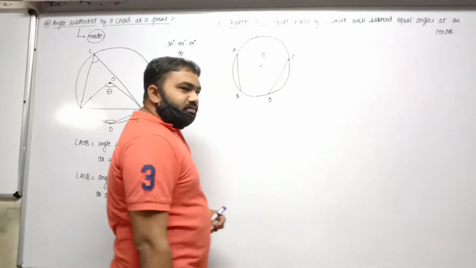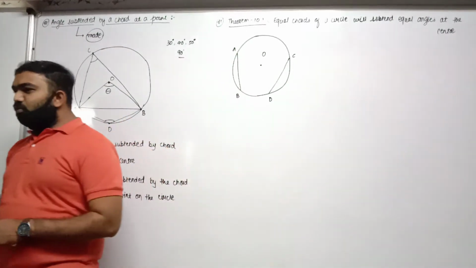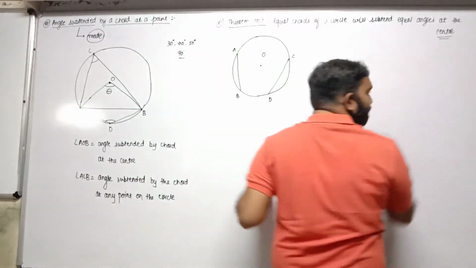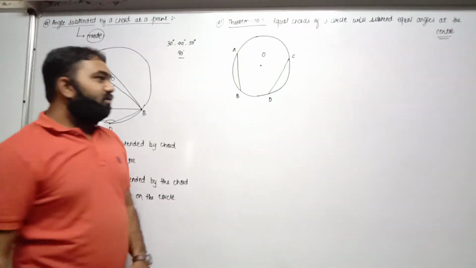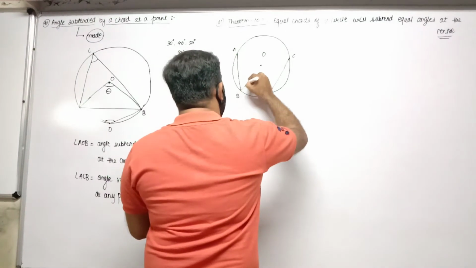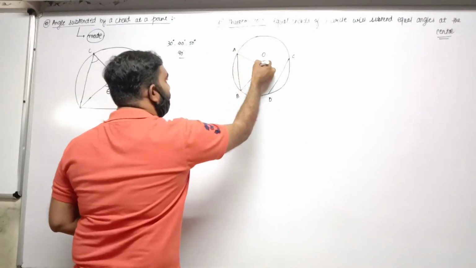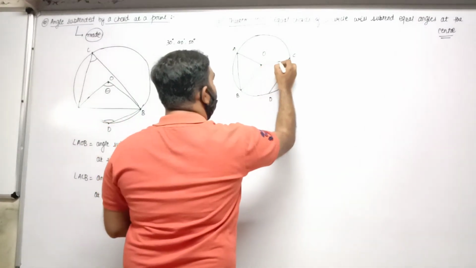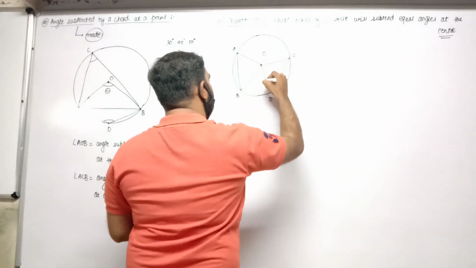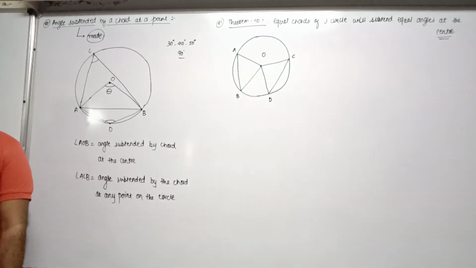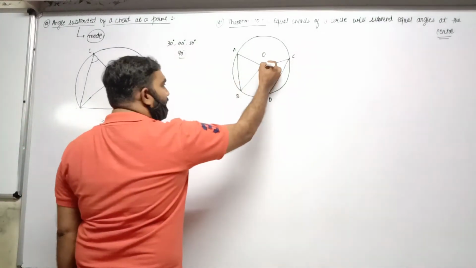Connect the endpoints of the chords to the center, because we are subtending at the center of the circle. Like this. So there are two angles made at the center.